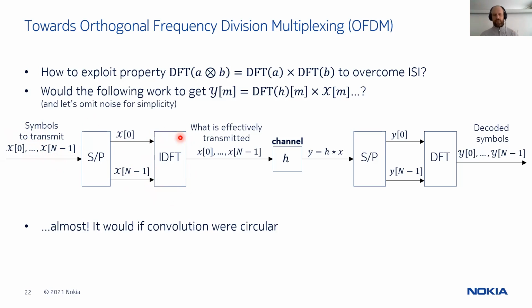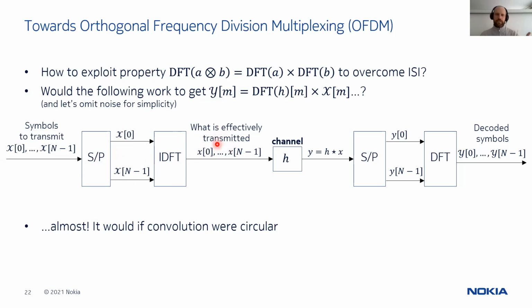Because in order to get each output coefficient of the IDFT, you have to process all the inputs at once. The IDFT is basically a matrix multiplication. So in order to get the first output, we already have to have all the inputs. Then you transmit whatever comes out of the IDFT.